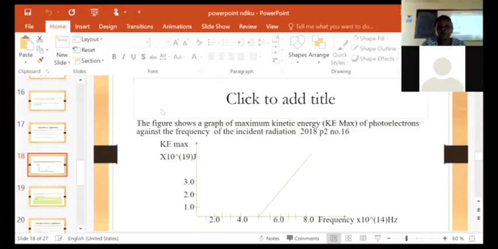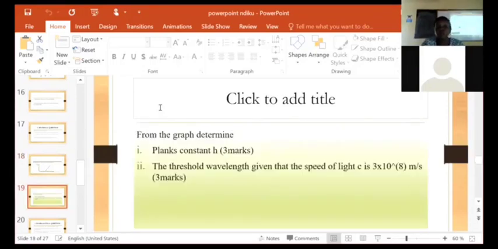Like this question here, we have the frequency multiplied by 10 power 14. The kinetic energy also is multiplied by 10 power 19. The question was to calculate the Planck constant h. When you write the formula, that is Einstein's equation, hf equals hf naught, that is work function, plus kinetic energy.